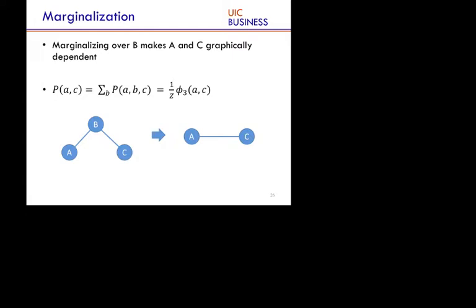Because there's one factor here, where this phi 3 was not defined earlier. It's some other function.